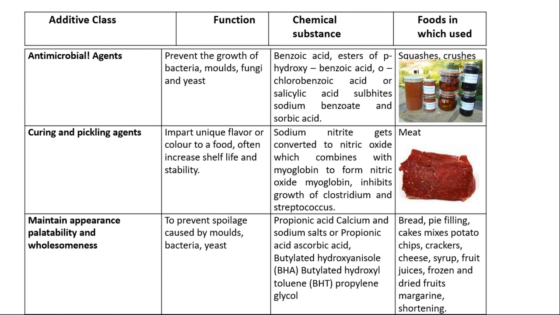Some curing agents, like sodium nitrite, are used to cure meat because it combines with myoglobin to form nitric oxide. This prevents the growth of Clostridium and Streptococcus. Curing and pickling agents are also used to maintain appearance and palatability.